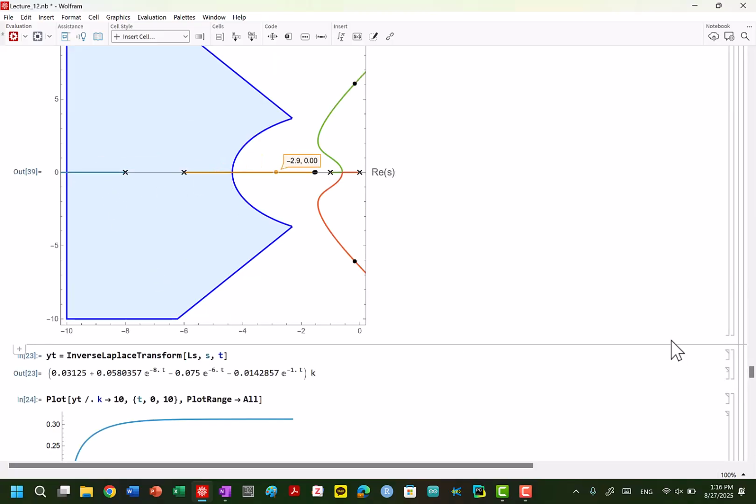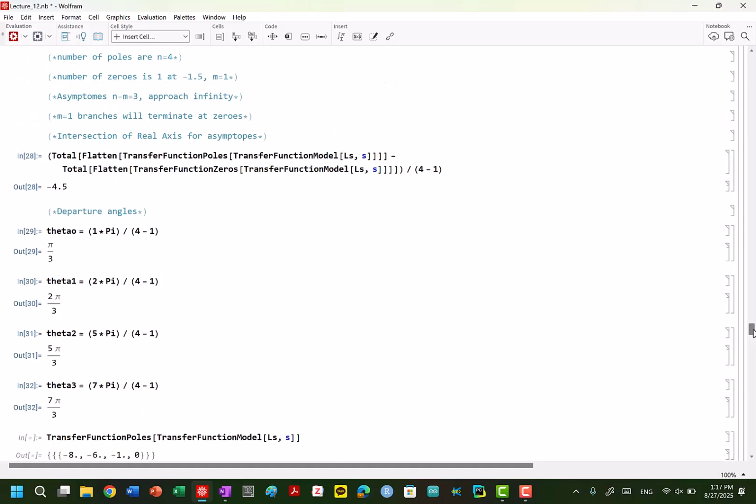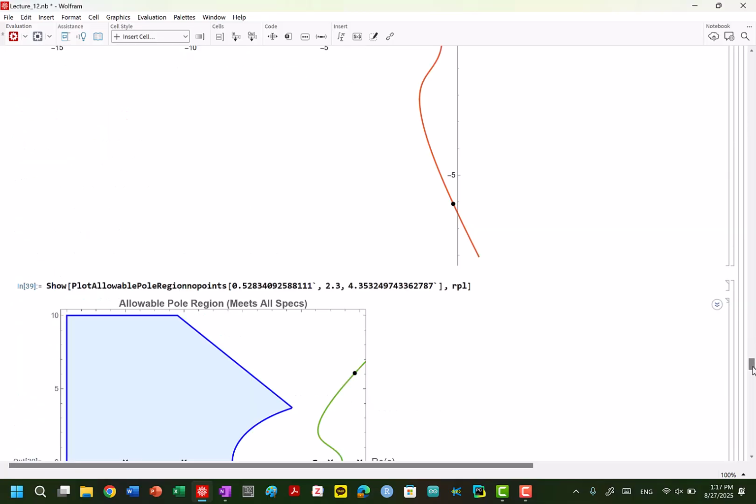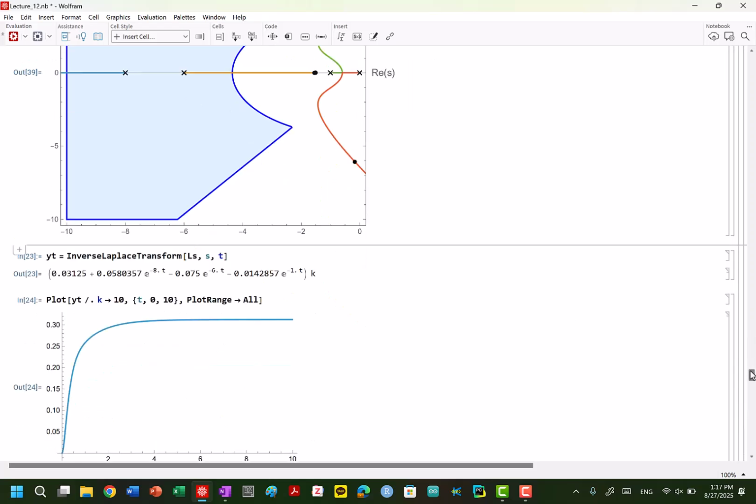So we can see how the system will change, or how some of those values can be interpreted. So now we can see that on our root locus, we're sitting in this region where we can be stable, and we can hit some of those metrics. So that's really, really important and critical. So you can see here and vary.